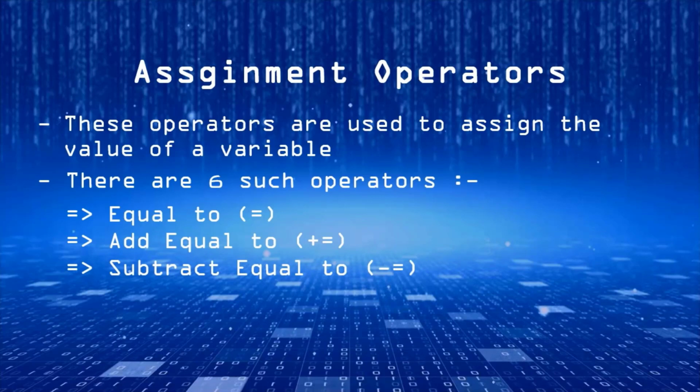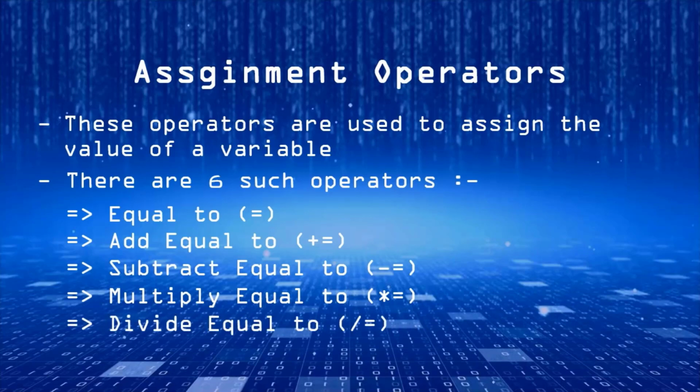Subtract equal to, which is the same as add equal to, except we are subtracting. Multiply equal to, that means we are multiplying that number directly with another value. Divide equal to, dividing directly. And modulus equal to. These are almost the same, but let us understand practical examples.